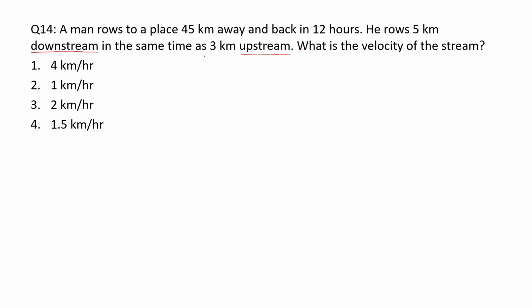Now, a man rows to a place 45 kilometers away and back in 12 hours. So he goes and comes back from the same place, 45 kilometers away, in 12 hours. Now, what is the information given? Given that he rows 5 kilometers downstream in the same time as 3 kilometers upstream. What is the velocity of the stream?